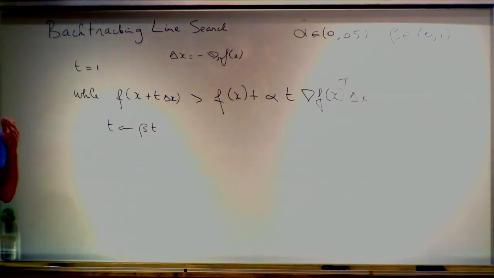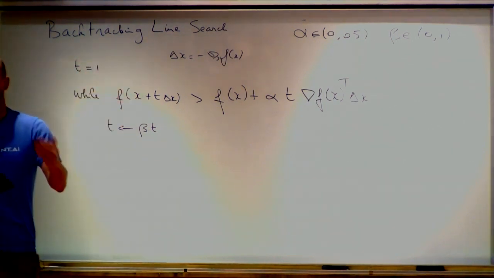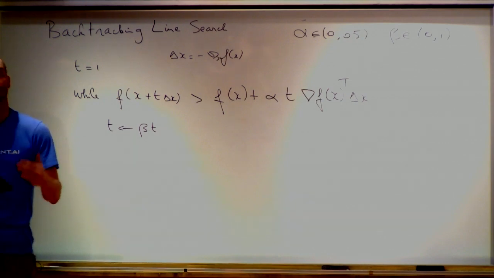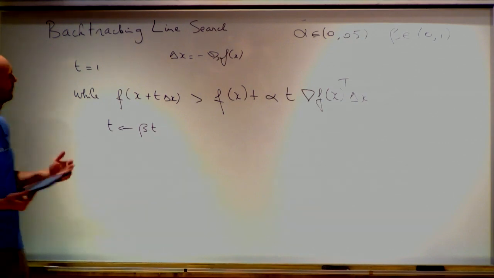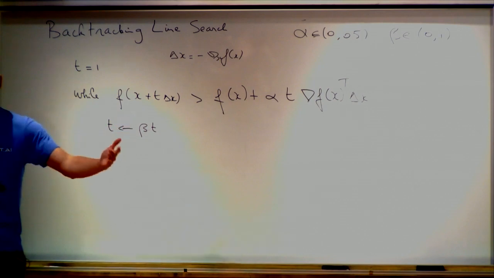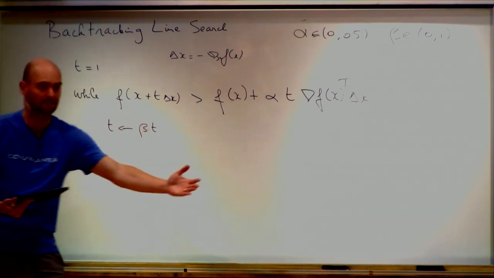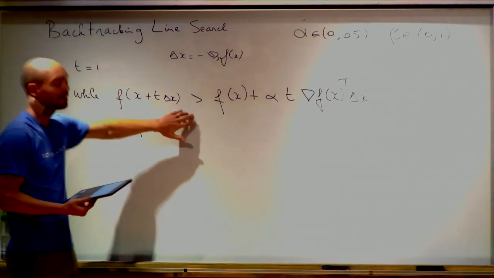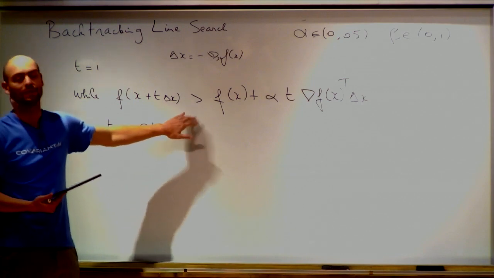We know that at least locally, we should be descending. And so if we take a very small step, we should have a descent, and it's good. So there's going to be this kind of loop where we're always making our step size smaller, smaller, smaller, till finally we're happy with it. And we start ideally somewhat large, such that if we're lucky and we can take a big step, and this condition is not met, that means we exit the loop, then we're done.